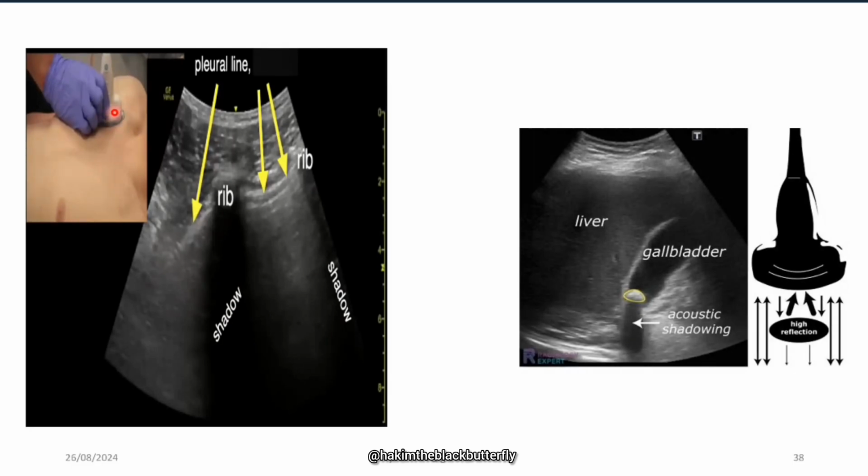Just like when a patient has a stone in the gallbladder, posterior to the stone you just see shadow because the beams can't easily go through. Most of the beams are reflected, and you won't see anything beneath that particular structure.